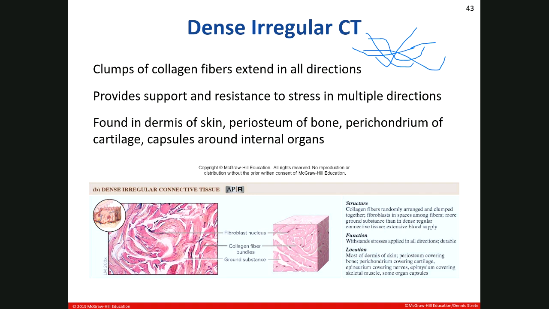You start tugging on your skin in all these different directions, it's not going to tear off your body. And that's because it can handle those forces in all those directions, and that's due to the collagen, that it's laid down in those bundles. And also because there's elastic tissue there in your skin.